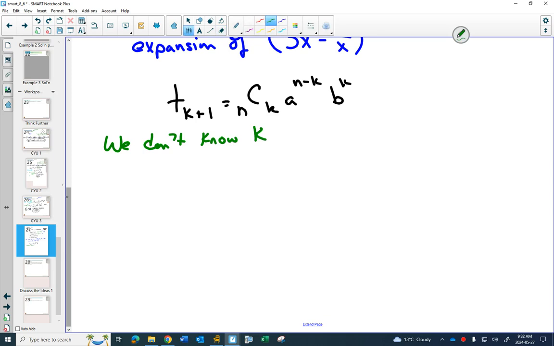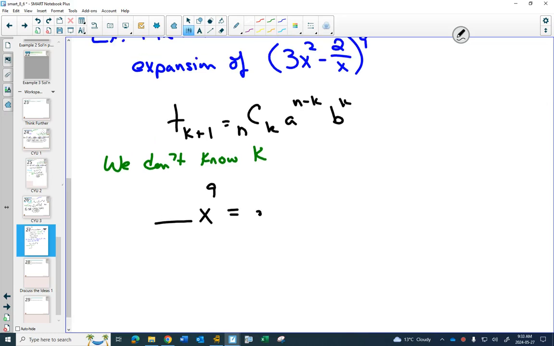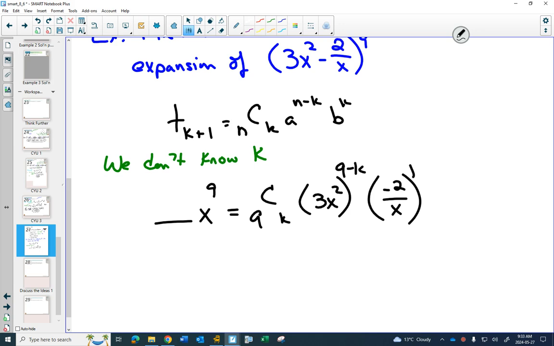We do know that whatever term it is, term k plus 1, is going to have a number times x to the 9. Then in my formula, I'm going to have 9 choose k. Term 1 is 3x squared, and it's going to be to the exponent of 9 minus k. And the second one is negative 2 over x, and that's going to be to an exponent of k.